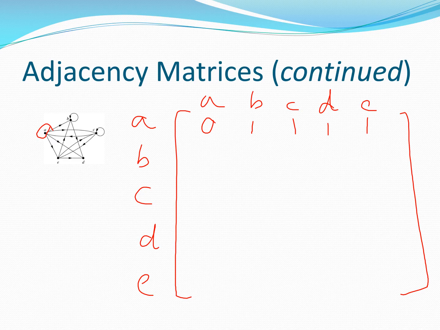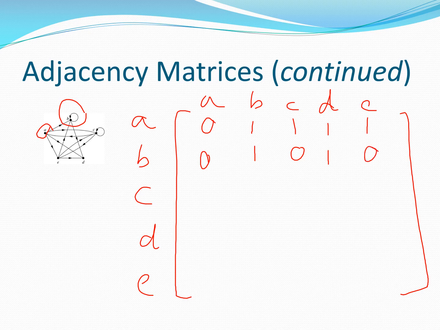All right, now let's look at the next one, which is B. From B, B to A, there is no edge, so that's going to be a 0. B to B, B to itself, there is a loop, so that's going to be a 1. B to C, no edge. B to D, yes, there is an edge. And B to E, there is no edge.